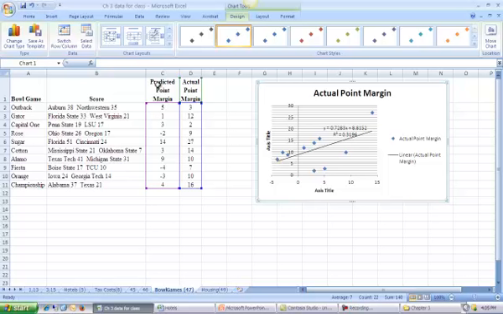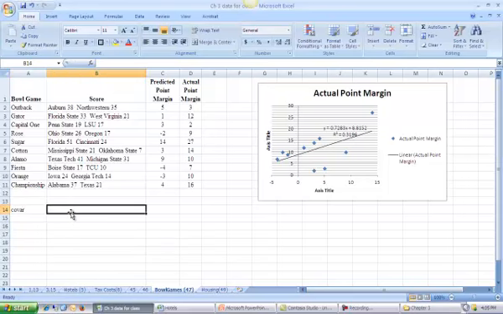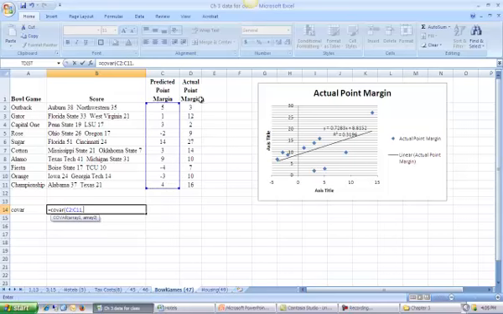Compute and interpret the sample covariance. So my sample covariance, highlight my first data array, comma, my second data array, close parenthesis and enter, is 20.1.